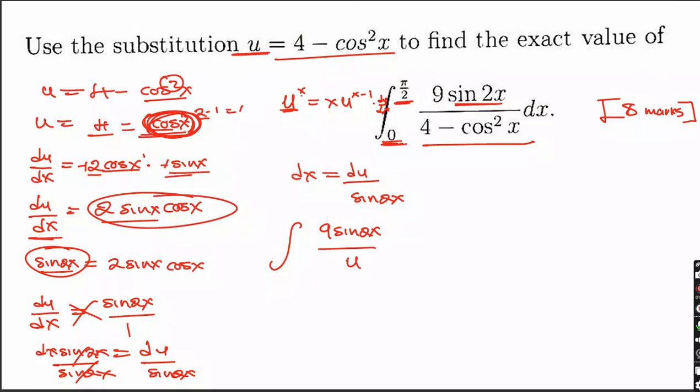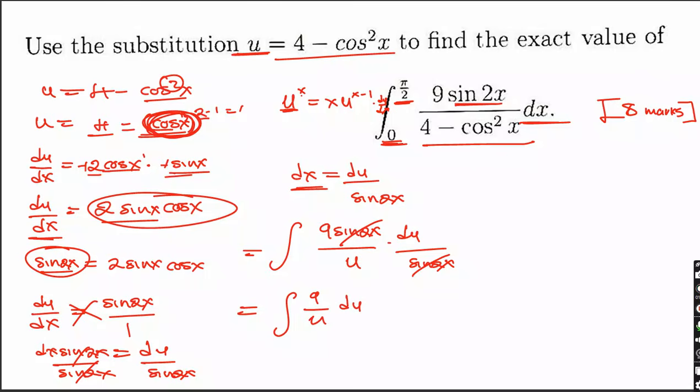While there is dx, we are going to put this value, which is du over sine 2x, of which sine 2x and sine 2x are going to cancel. The integral becomes 9 over u, then du, which is making a lot of sense.